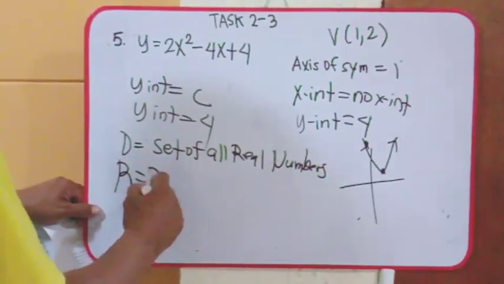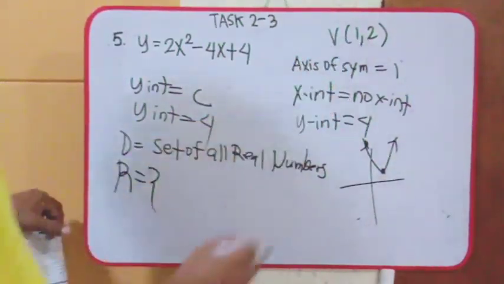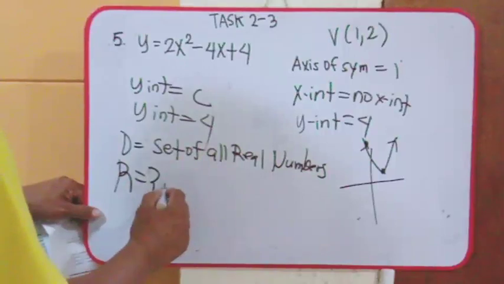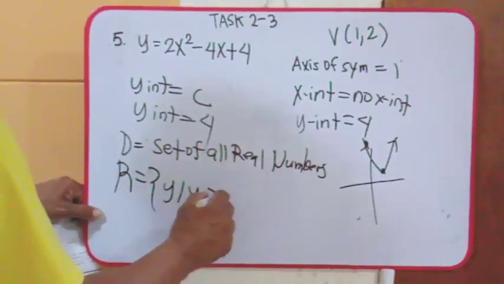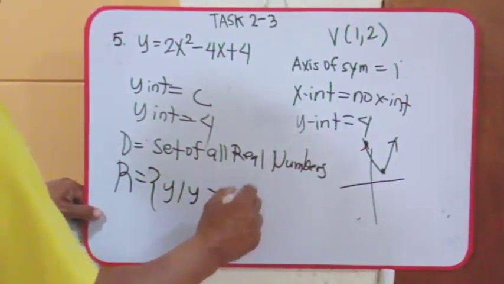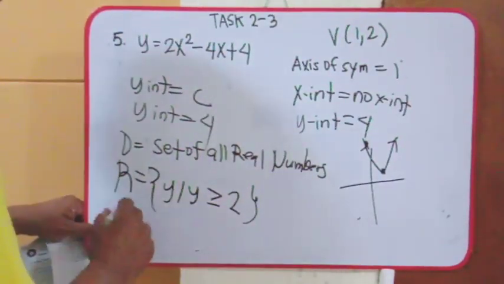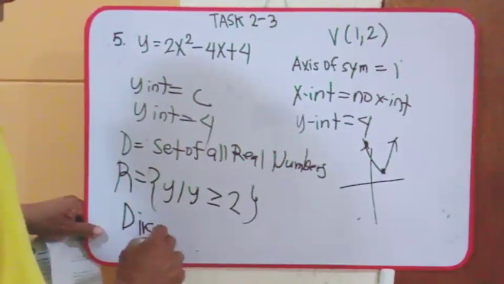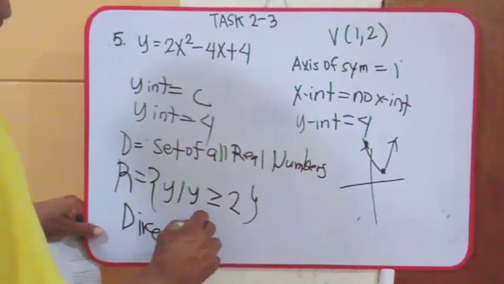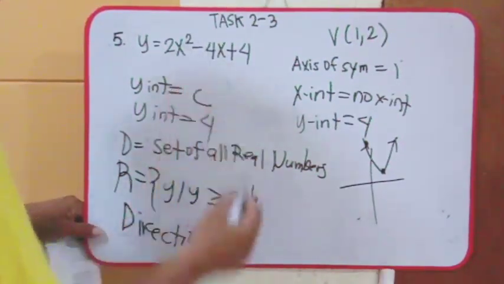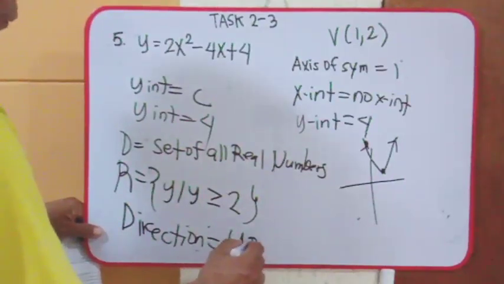What is our range? Okay, tingnan natin ang case 2. Upward. Y such that y is greater than or equal to 2. And what is the direction? Okay? A is positive. Ang direction natin ng ating parabola is upward.